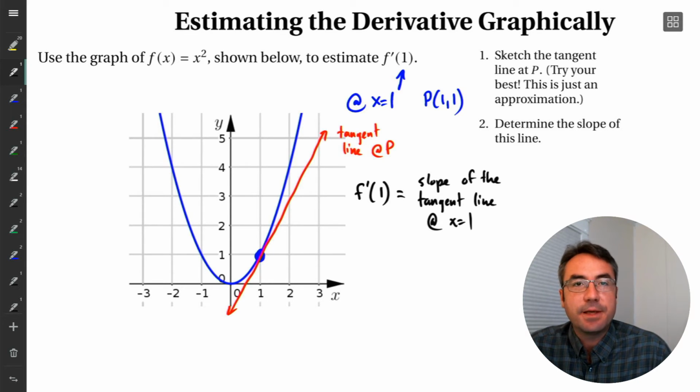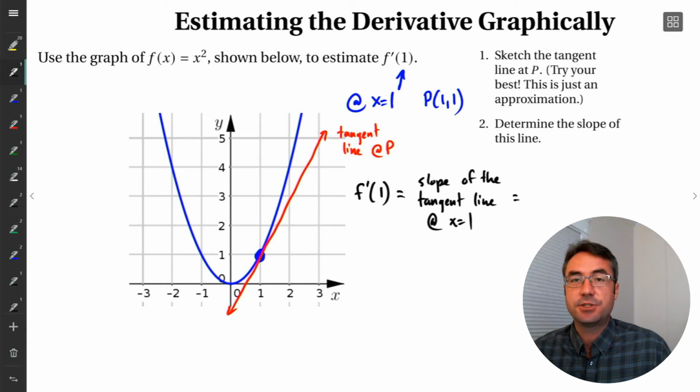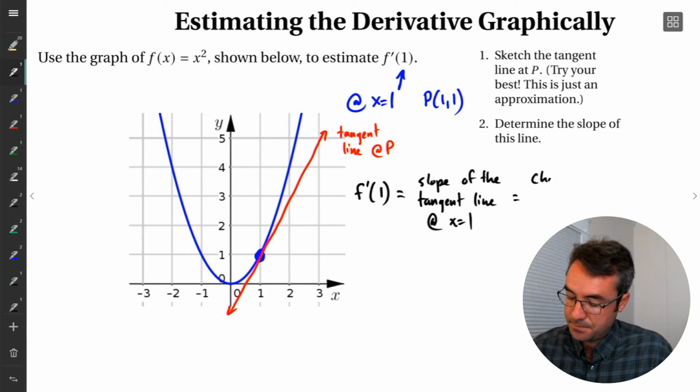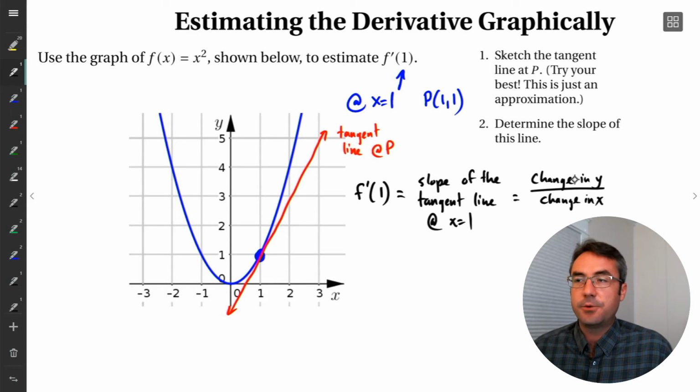So how do we calculate the slope of a line? Well, we have our line drawn here. So the slope is just the change in y over the change in x. So how do we determine the change in y over the change in x?